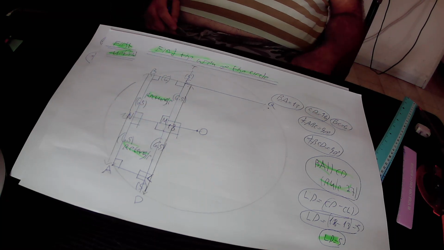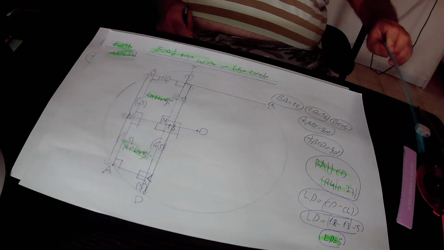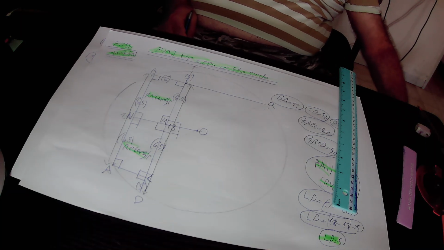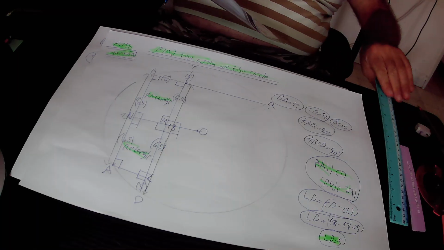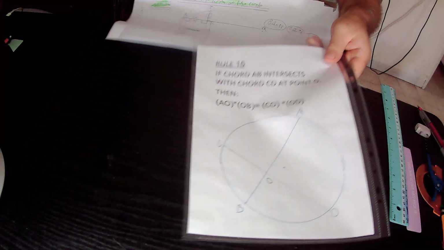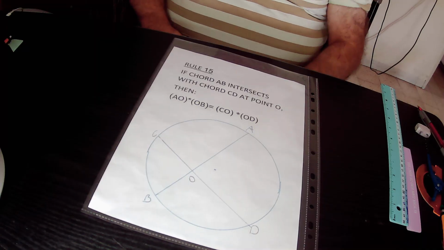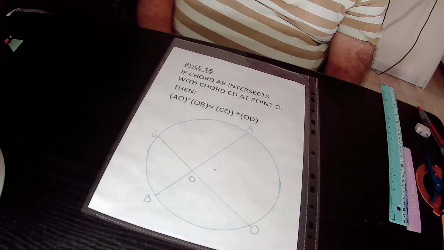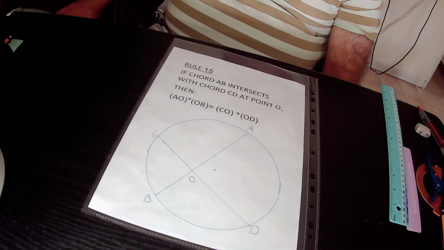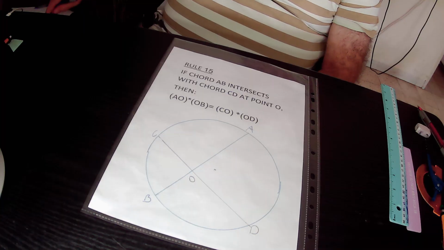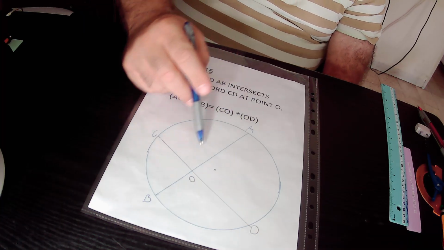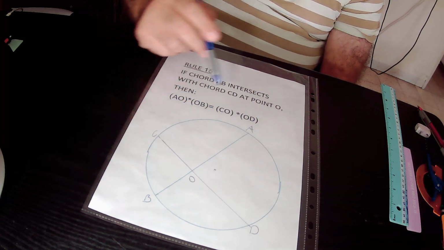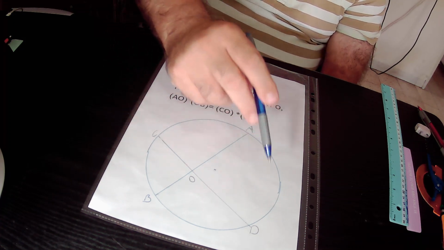So all the requirements of rule 15 are satisfied, and therefore we can implement rule 15. Let me repeat quickly rule 15. According to rule 15, if chord AB intersects with chord CD at point O, then the following equation is true: AO times OB equals CO times OD.